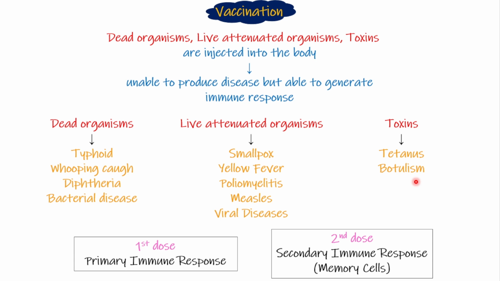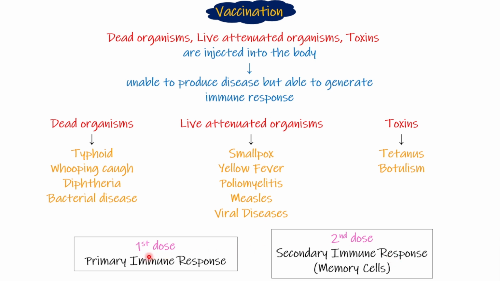Okay, just one thing is left: the primary immune response and the secondary immune response. We have discussed this previously in the lecture on immune responses. The first dose of the vaccination acts as the primary immune response, whereas the second dose acts as the secondary immune response.